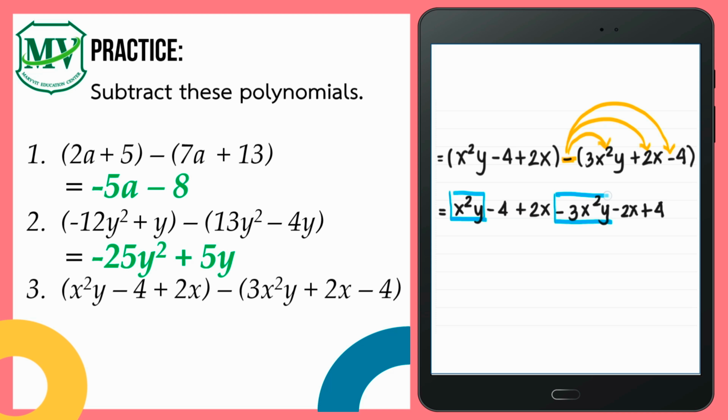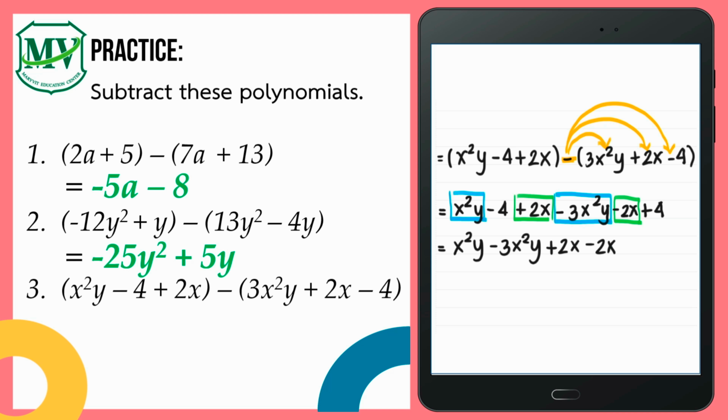X squared y and negative 3x squared y are like terms. Why? Because they both have the variables of x and y, and x is raised to the power of 2. Another like terms are positive 2x and negative 2x. But when we combine them together, the sum is 0.